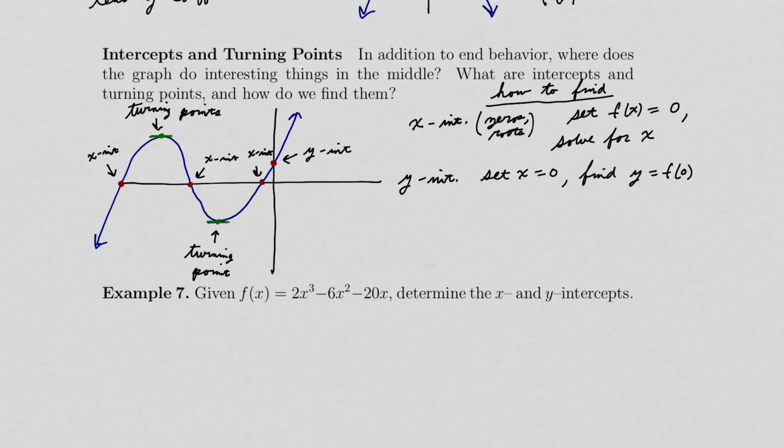So you force the x to be 0 and evaluate the function. That means you're solving for y. And then the turning points, again, are hard to find in general.